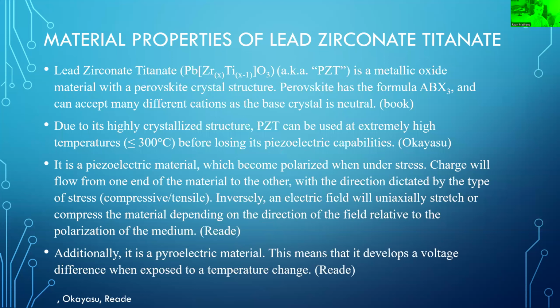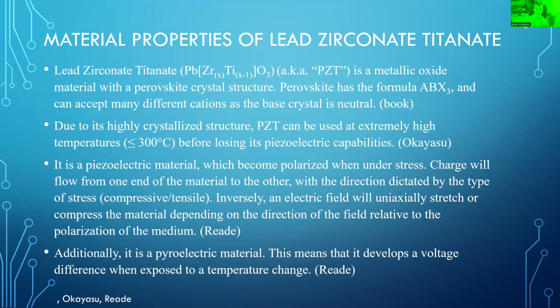For the rest of the presentation, I'll be talking specifically about lead zirconate titanate. It is a metallic oxide with a perovskite crystal structure. Perovskite has the formula ABX3, where X is usually oxygen, and it can accept many different cations as long as the base crystal is neutral.